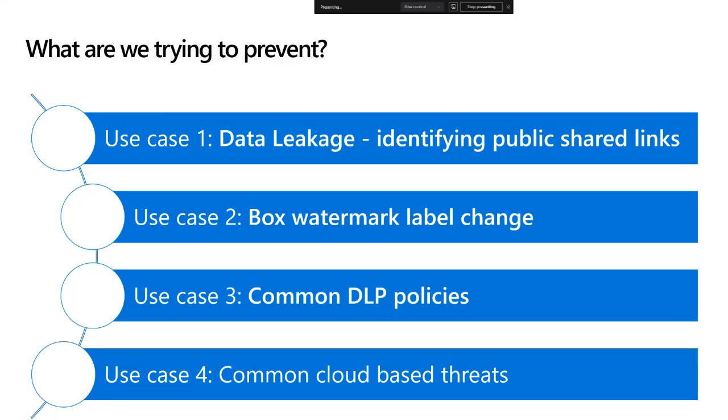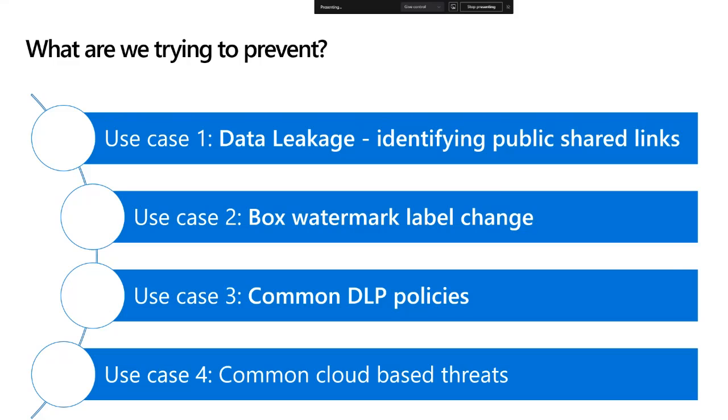The third is just around our common DLP policies. So creating policies to look for sensitive information types such as social security numbers, credit card numbers, and applying governance controls around them. And then lastly is our cloud-based threats. So again, leveraging our built-in detections to make sure we prevent things such as stolen accounts and compromised users.